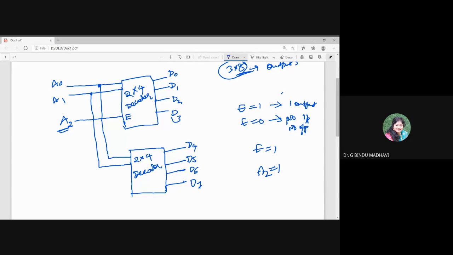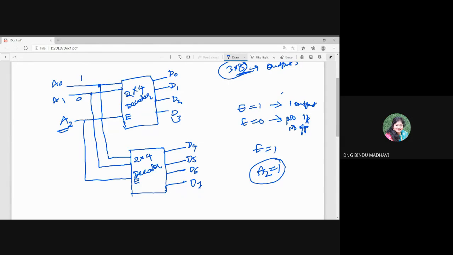then what will happen? For example, if I connect in the same manner, what will happen? Here also, if A2 equals 1, which output will be produced based on A0 equal to 1 and A1 equal to 0? As per the definition, any one of the outputs should be present, right?